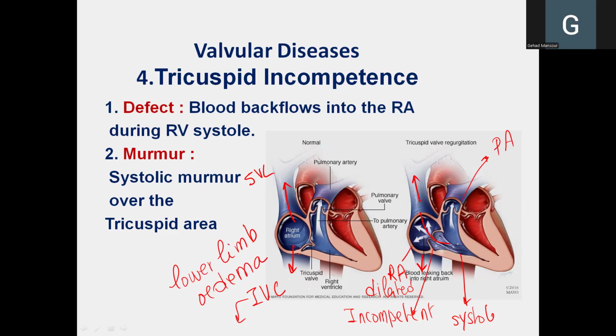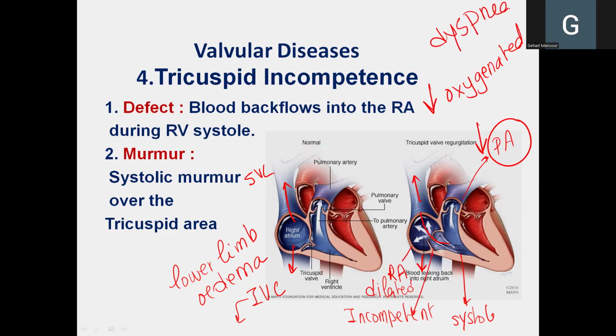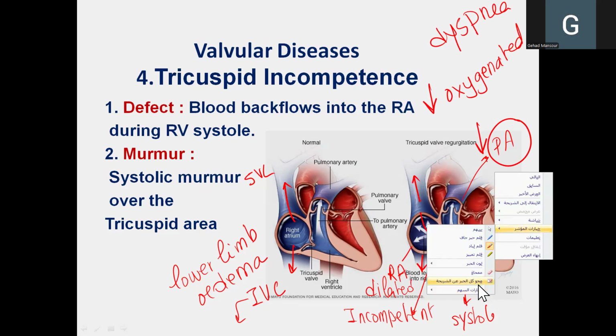If there is regurgitation of blood into the right atrium because of an imperfectly closed tricuspid valve, then less blood will flow into the pulmonary artery, which means less blood will be oxygenated in the lungs, and which means that the patient will definitely suffer from dyspnea because of diminished oxygen levels in blood.